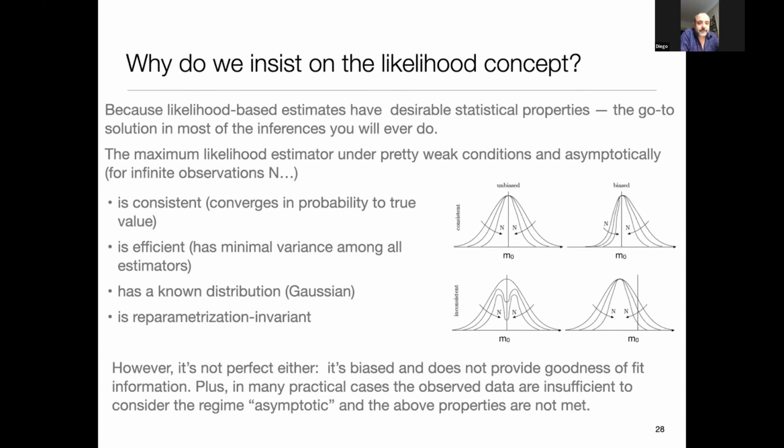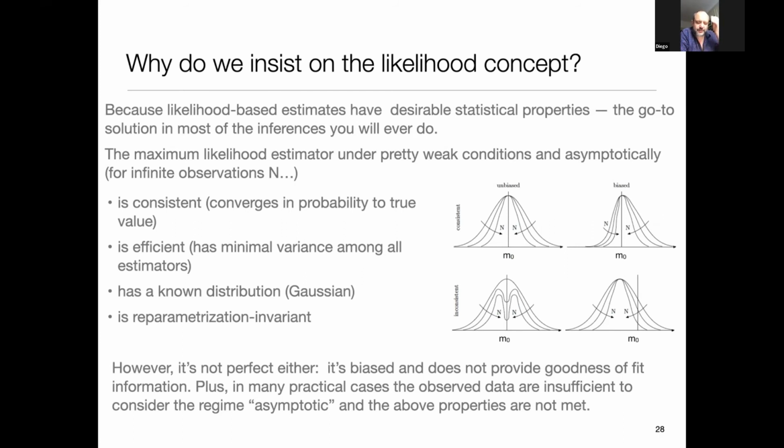That's great, right? But unfortunately, this only happens for infinite observations. And of course, we never get infinite observations, but in some statistical problems, we get observations numerous enough to approach this asymptotic regime where we can assume almost infinite observations. In many other problems, this does not happen.